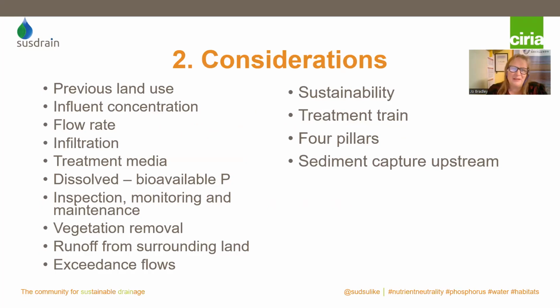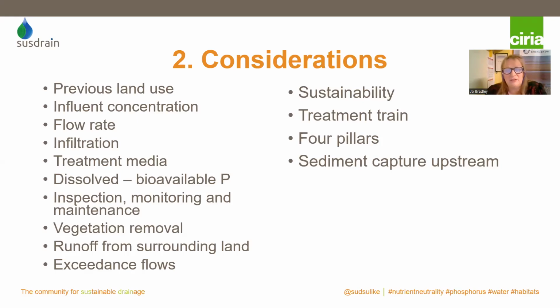So once you've got that information, you need to think about, and Dave's already talked about this for the wetland design as well, what was on site before, how much phosphorus is going to be in your influent, and therefore how much phosphorus can you realistically capture? What will your treatment flow rates be? And there's a whole hour-long presentation in that question. How much infiltration can you deliver?